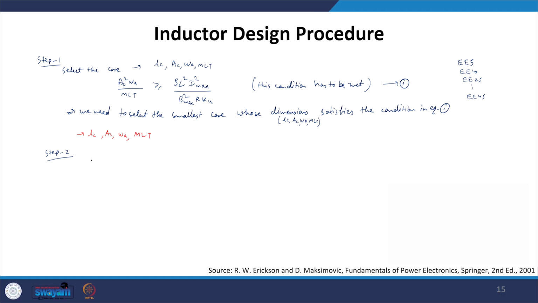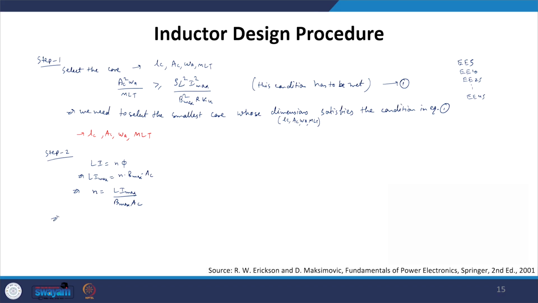For that, we will use a simple relationship which is Li is nothing but N times phi, and that implies my Li max is nothing but number of turns times Bmax times Ac, and that implies my number of turns is equal to Li max by Bmax Ac.